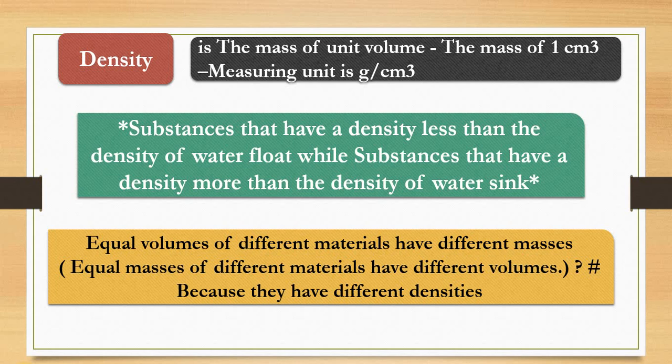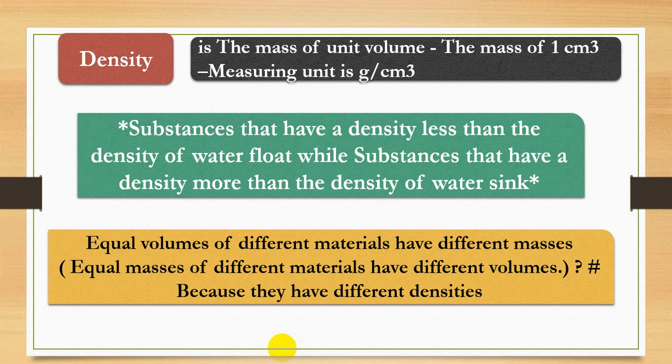This is due to difference in density. So, if I ask you what is meant by the density of water, the density of water is 1 gram per cubic centimeter. This means that the mass of 1 cubic centimeter of water equals 1 gram.